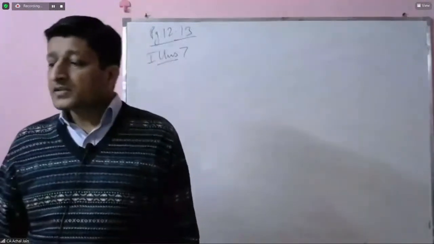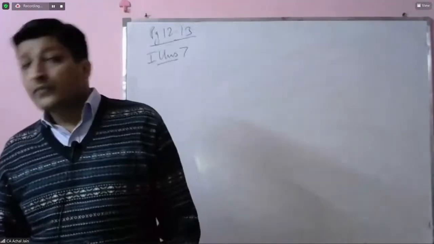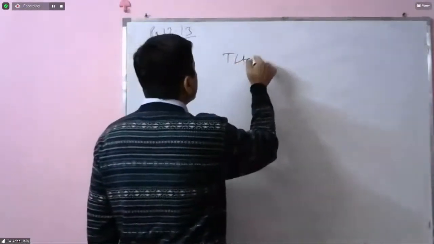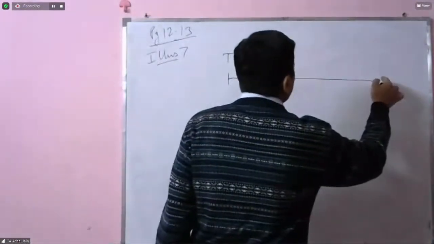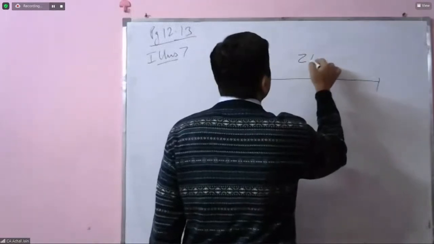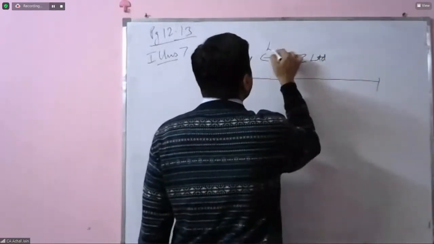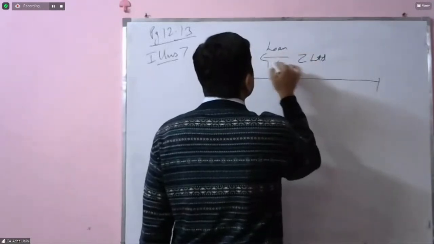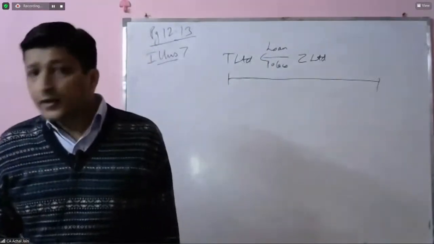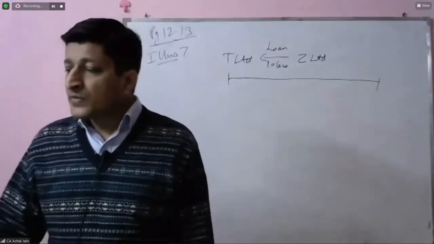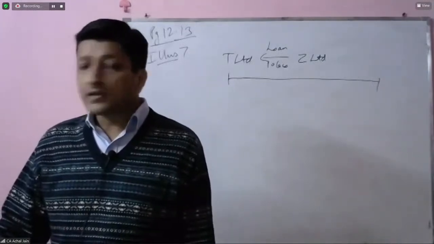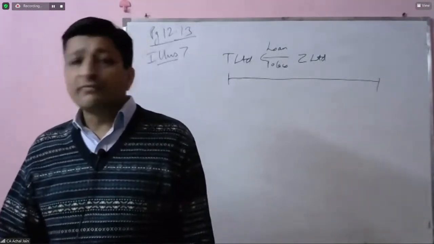Z Limited enters into an arrangement with Target Limited for settlement of this loan against issue of a certain number of equity shares of Target Limited, whose value equals 10 lakhs.